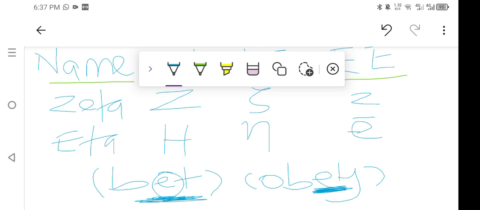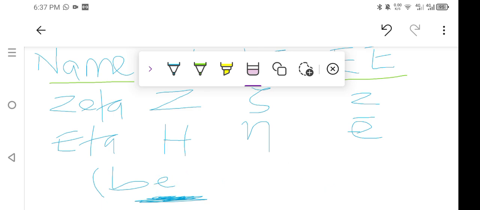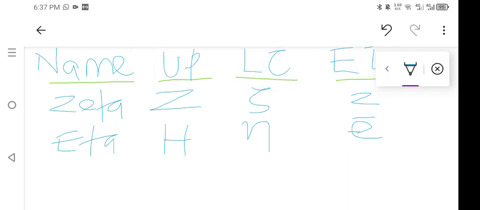Eta is used where the sound of the E is strong and prolonged, like it appears in the word obey. That is why we have these two different letters for two similar sounds in the English alphabet. So far we've covered two, that is zeta, and you see how it's written, and eta, right?